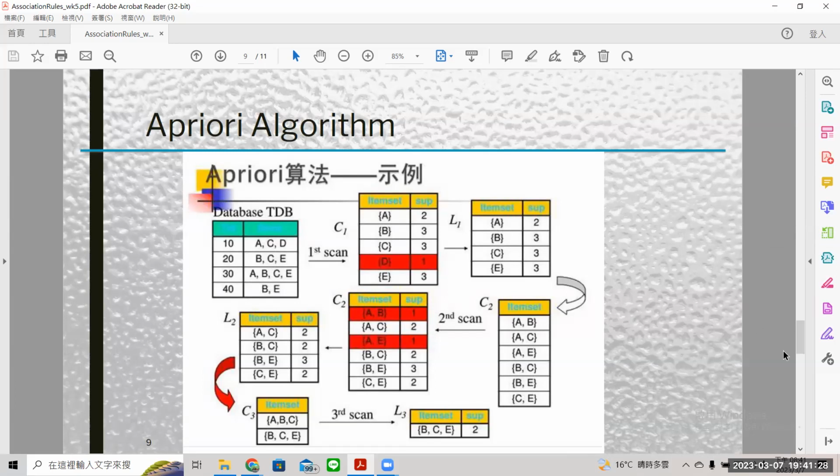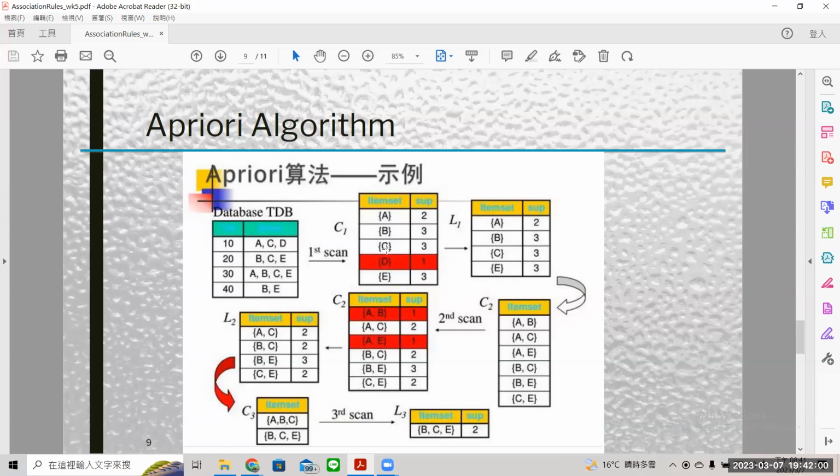And how does the a priori algorithm operate? You will go into the first scan, and for all the items, compute all the support. You see, the support of A, I think, is 2 times. A 2 times, and B 3 times. B, right? Number 20, number 30, and number 40, 3 customers. So support 3.